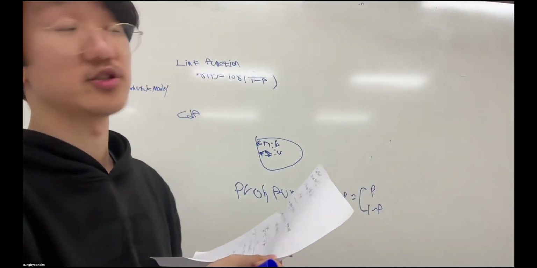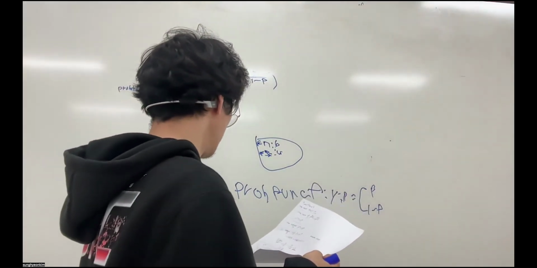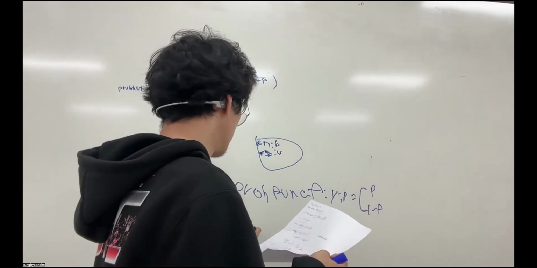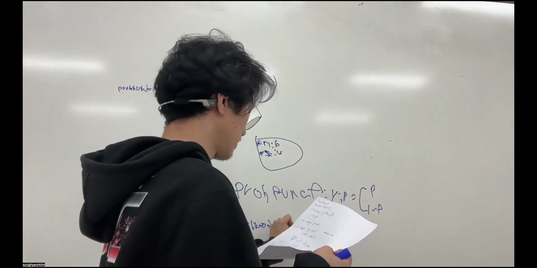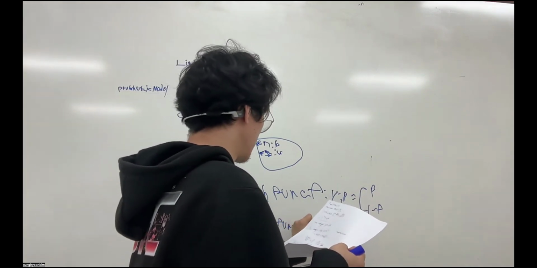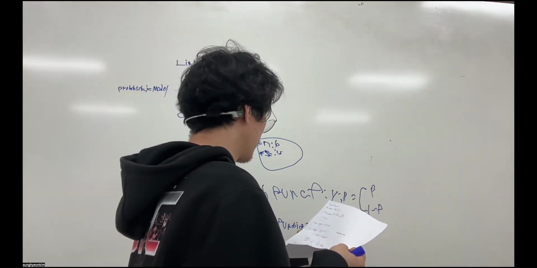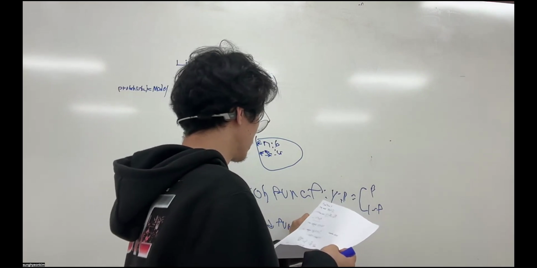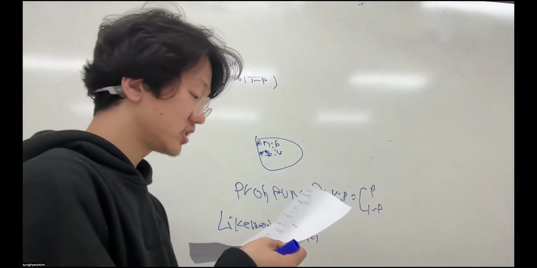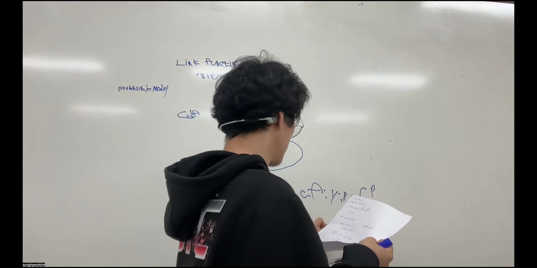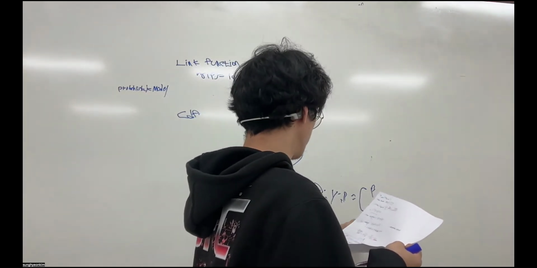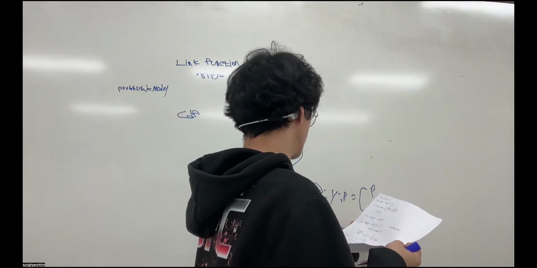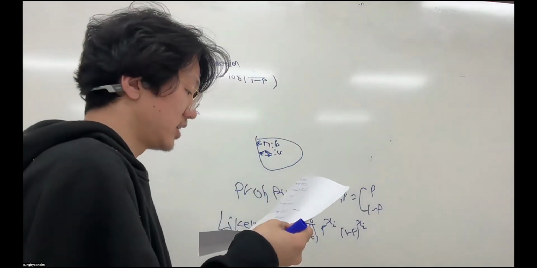Then the likelihood function will follow the sample, so it will be the product over i equals 1 to 10, because we have 10 samples, of p to the power x_i times 1 minus p to the power 1 minus x_i, for each of the sample cases.